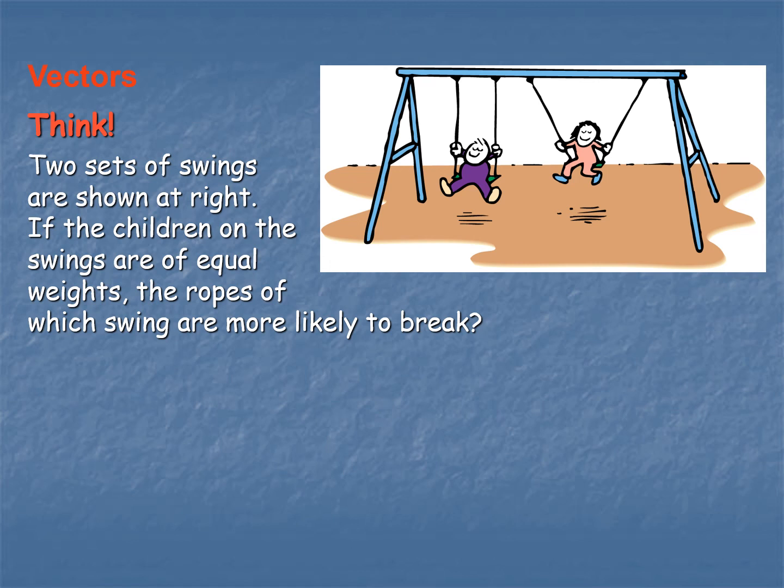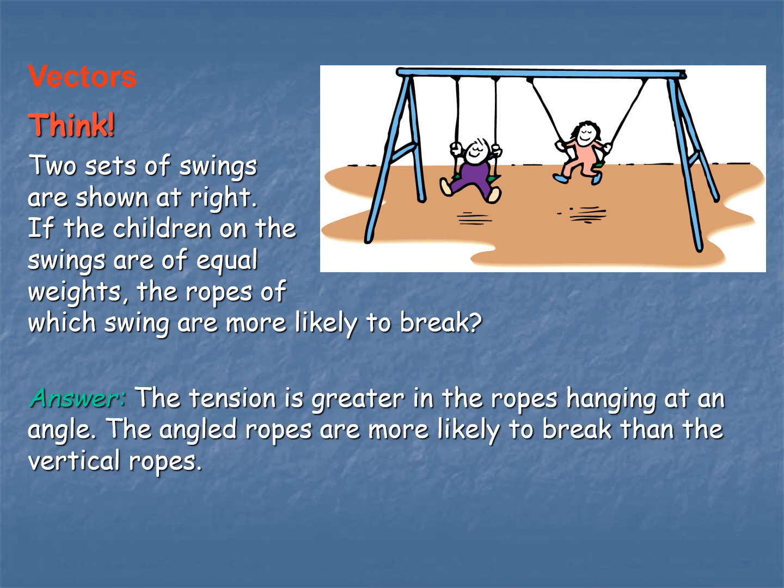Well, the one that's parallel is going to have half of the child's weight in each rope. The one that's non-parallel is going to have more than half of her weight. So the one on the right is going to have greater tension in each rope.